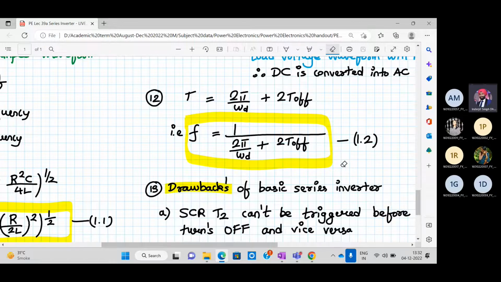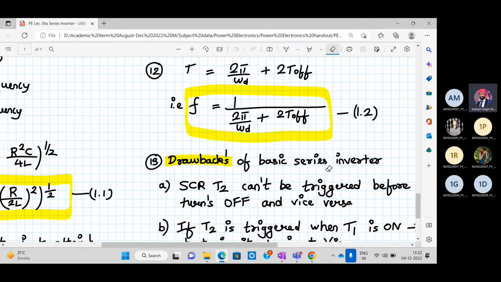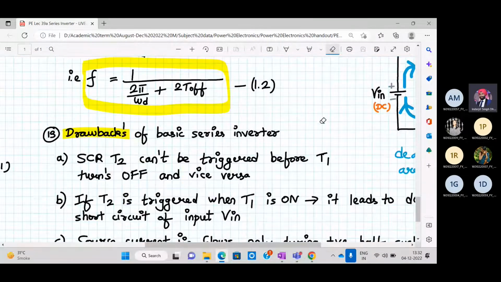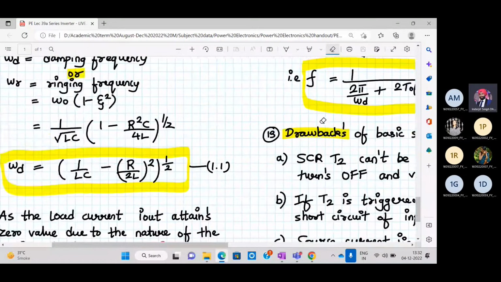Have you noted it down? So here the inverter frequency will be 1 upon (2 pi upon omega d plus twice T off). These two formulas are required for solving the numericals.